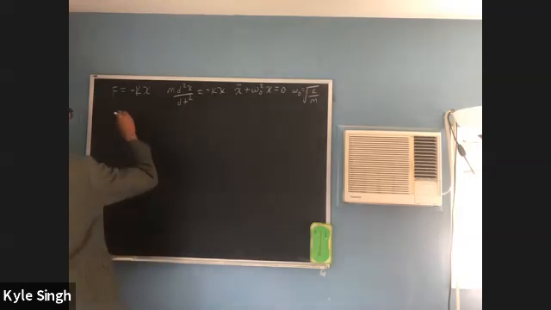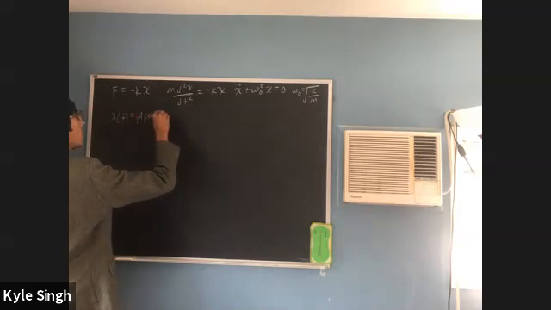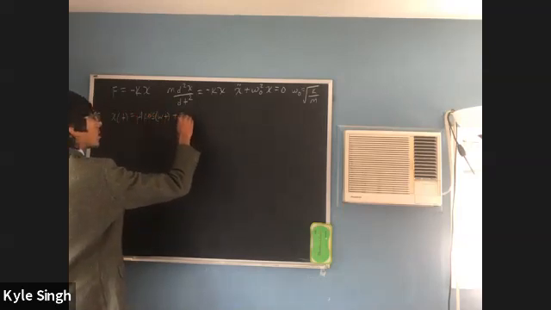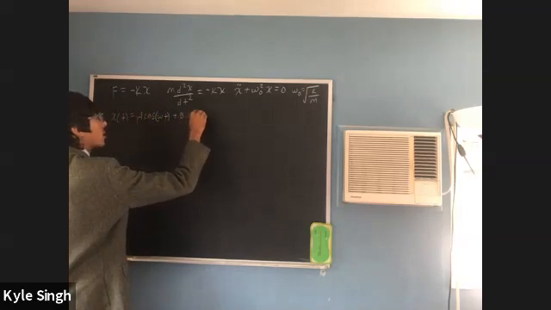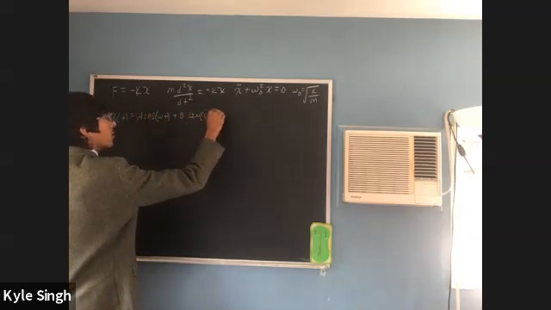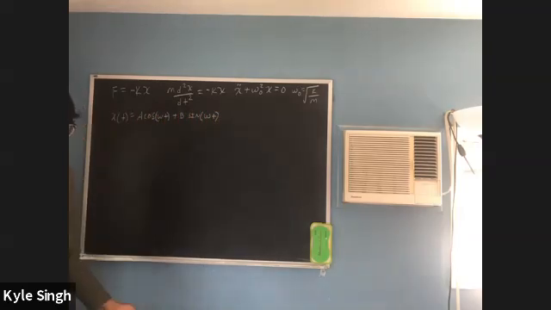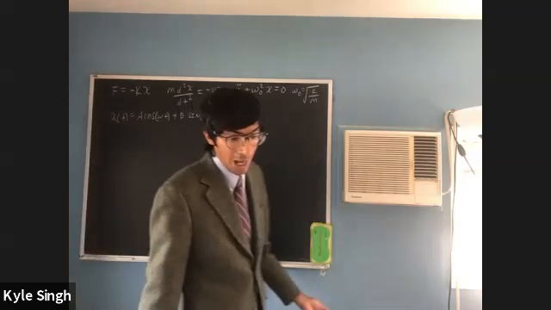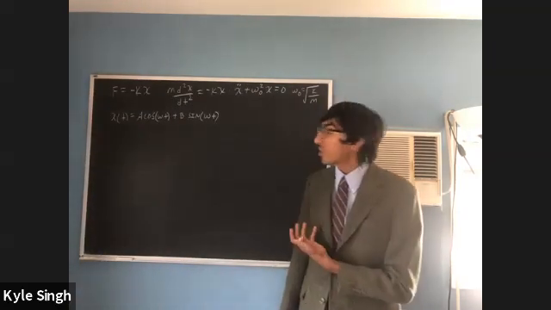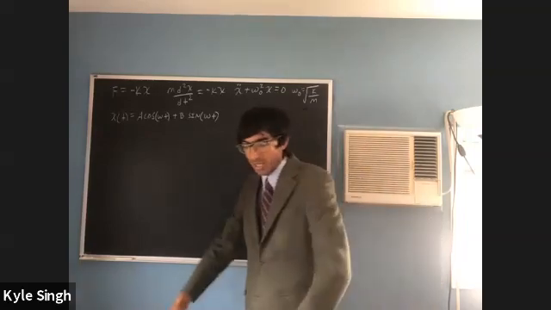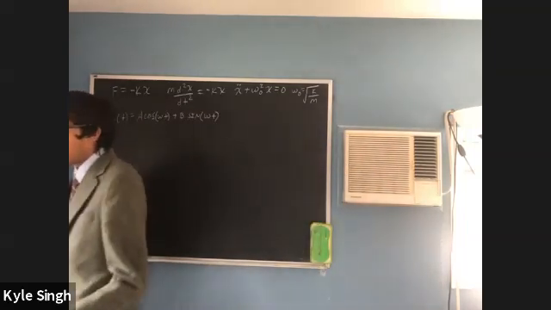And this has solutions of a cosine omega t plus b sine omega t. You should also keep in mind that we can write these as exponential solutions. Same idea. Sometimes it will be more convenient to write them one way or the other.